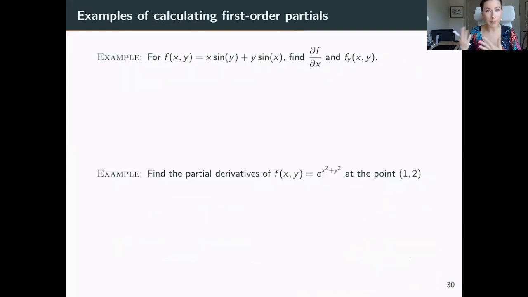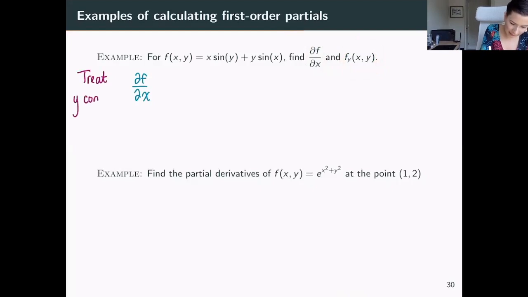Let's go ahead and apply that idea to this function. So we have a multivariable function f of x, y, and our goal is to find the partial with respect to x and the partial derivative with respect to y. So to find what our df dx is, we are going to again treat our y as constant.